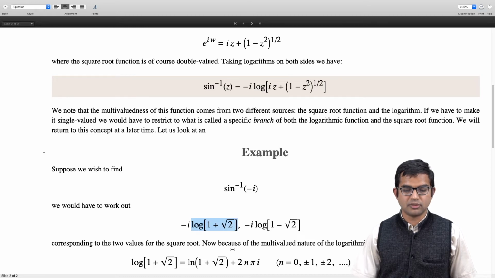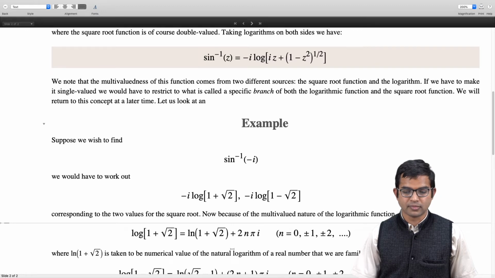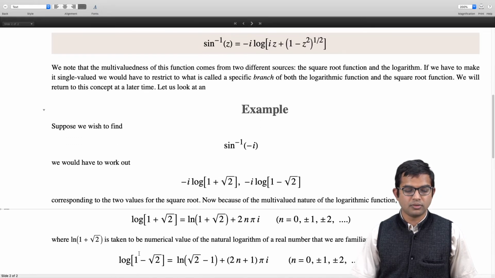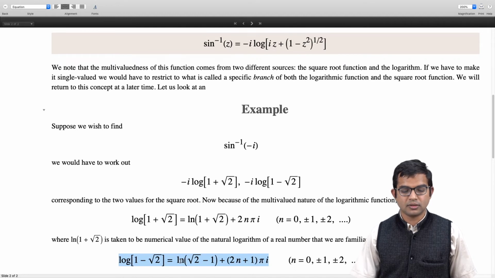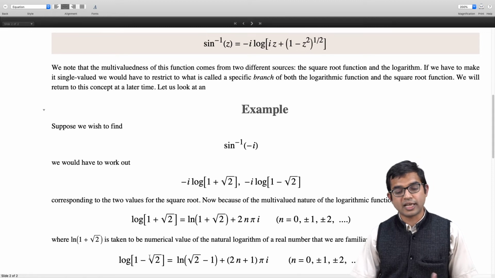So let's also try and work out exactly what we mean by log of 1 minus root 2. If you look at this quantity, then in fact ln of a positive real number, which is the modulus of this quantity, should be taken, which is root 2 minus 1. Root 2 is greater than 1. I mean, you can think of this as log of root 2 minus 1 times minus 1.